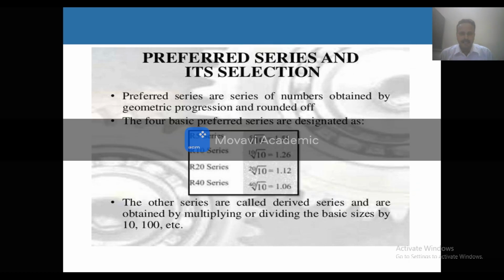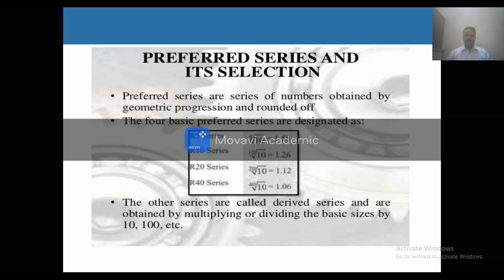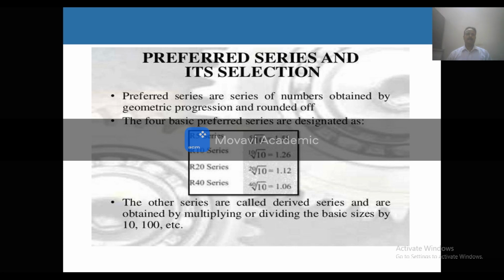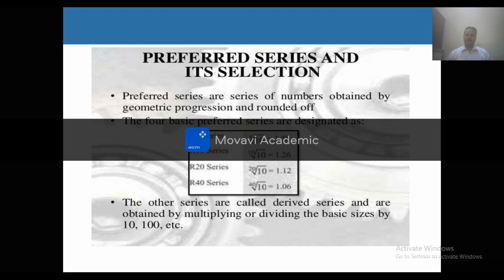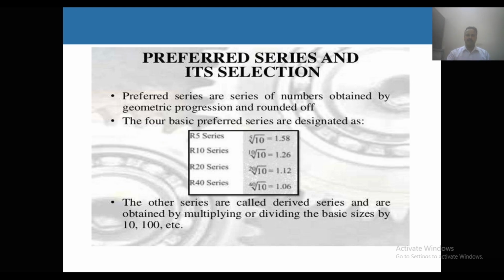A preferred series and its selection. Preferred series are generally a set of numbers that are obtained by geometric progression, and the series gives us a choice of what preferred magnitude of the components should be manufactured, or what is the range of various commodities that should be manufactured.